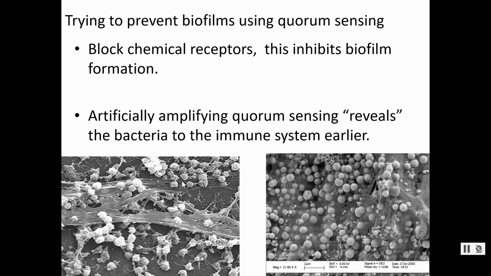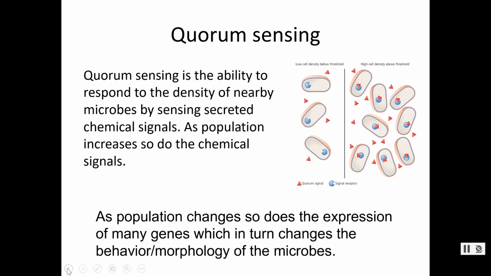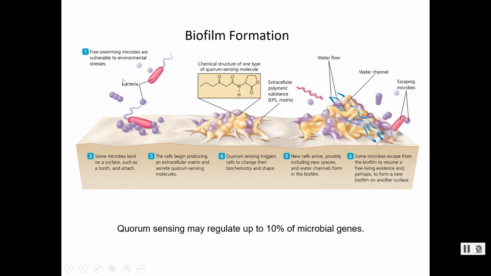The other way, which is kind of funny, is we can actually trick a bacteria into thinking he's got an army when he doesn't. And he starts producing proteins that our immune system knows are dangerous to us. So this is called artificially amplifying that quorum sensing molecules. And then the bacteria, we'll go back again to our pictures. This bacteria is actually by himself, but he thinks he has an army.